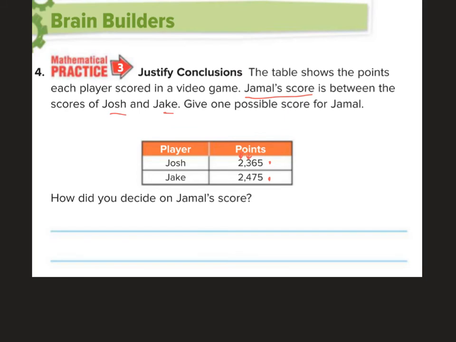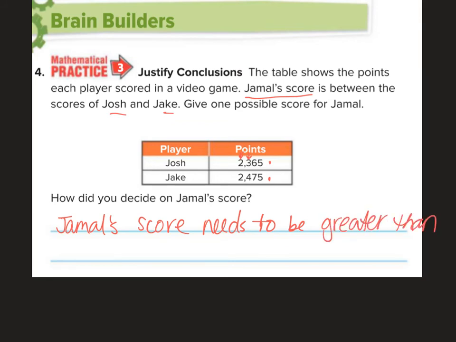So down here where it says, how did you decide on Jamal's score? I'm going to write that down for part of my evidence. So Jamal's score needs to be greater than 2,365 and less than 2,475.